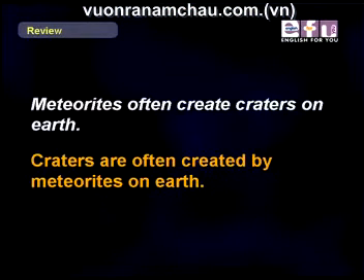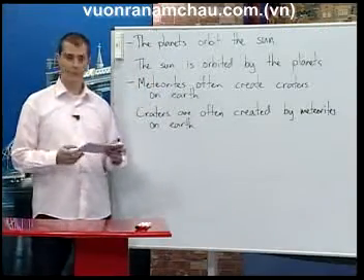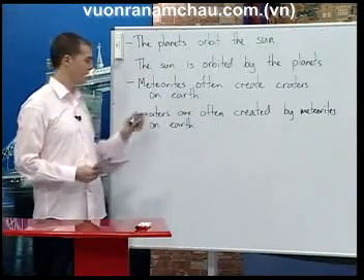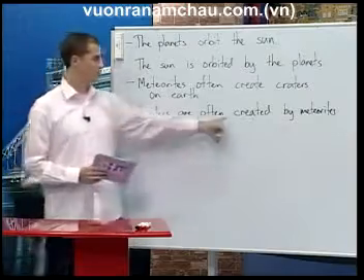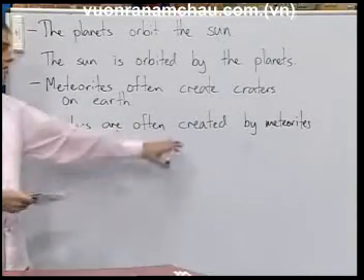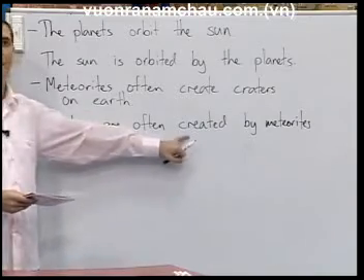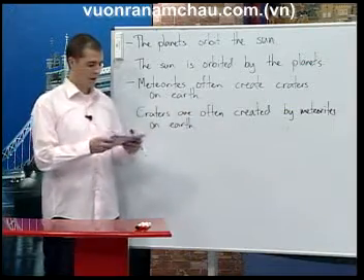Craters are often created by meteorites on Earth. Be careful. This is crater. This is created. They are completely different. You remember crater? And this is create. It's like make. To make.